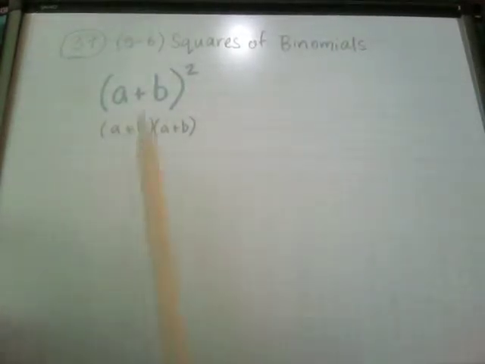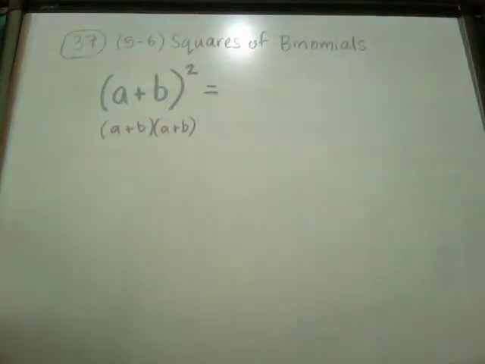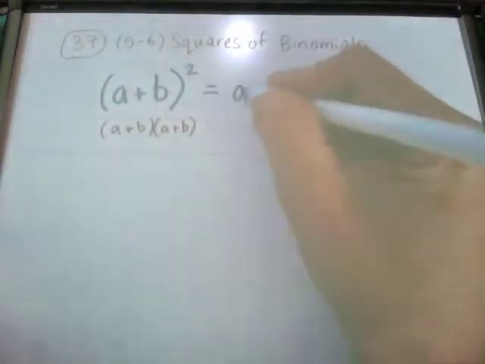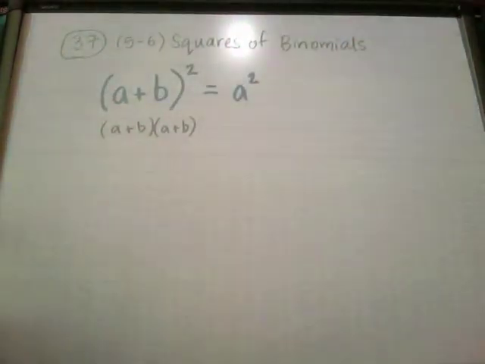Now, if you see something like this, you could write it as two of them side by side, and you could FOIL it. But there is a pattern, and you do need to become familiar with the pattern. So, here's the pattern. The first term would be a squared.